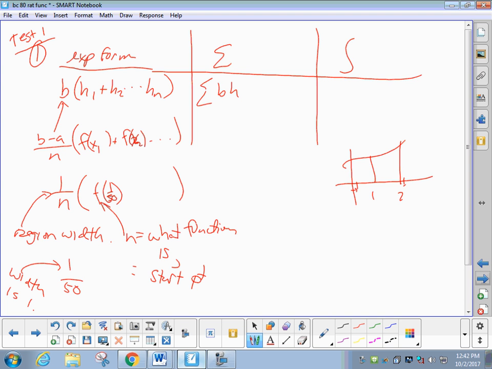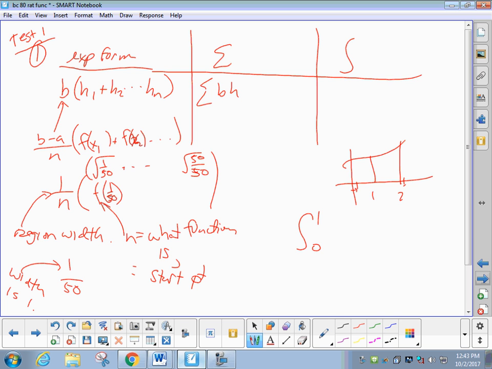Okay. So the fact that I see 1/50th in there tells me that the region starts at 0. And it also tells me that it goes up to 50/50ths or 1. It must be 0 to 1, yeah? So I know the limits of integration have to be 0 to 1.